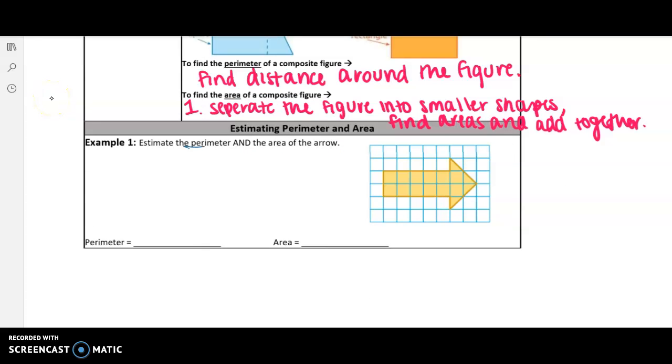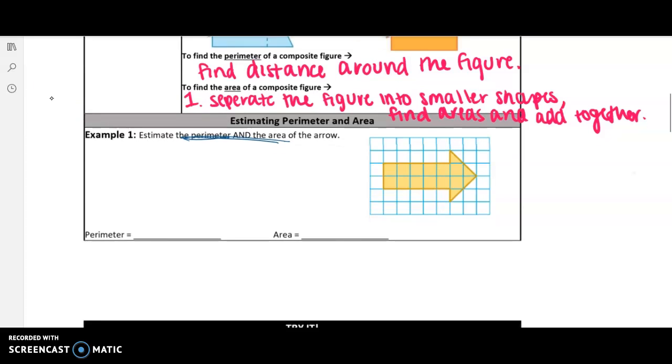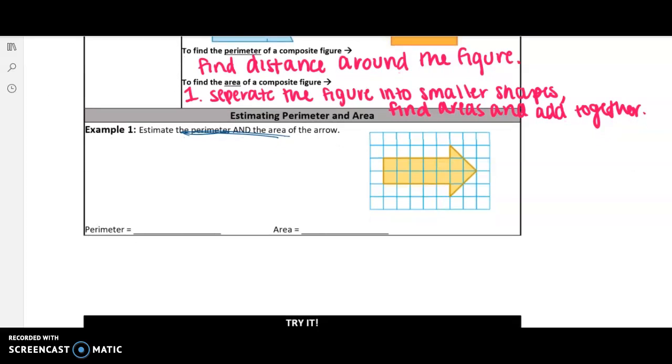So it says estimate the area and the perimeter. So estimating, we know that we don't have to be exact. So I'm going to start by counting these two. So I have two, remember perimeter is the distance around. So 1, 2, 3, 4, 5, 6, 7, 8, 9, 10, 11, 12, 13, 14. So I have 14. And then the diagonals, we know that diagonals are going to be a little bit more than 1.